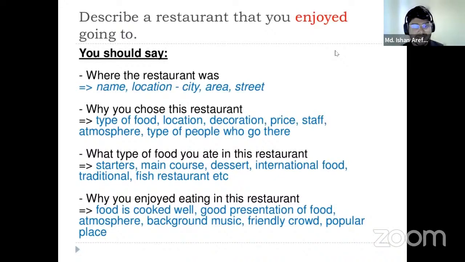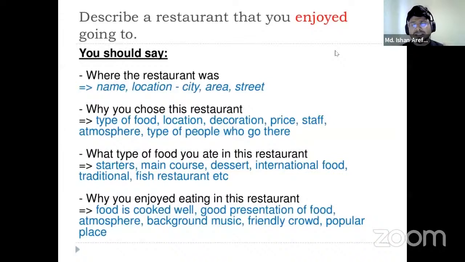Using past tense is very necessary here. If you use present tense while answering this question, that will not be relevant, because the questions are already in past tense. So just keep focus on the tense of the question, or the tense of the topic itself. Trying to keep focus is very necessary.